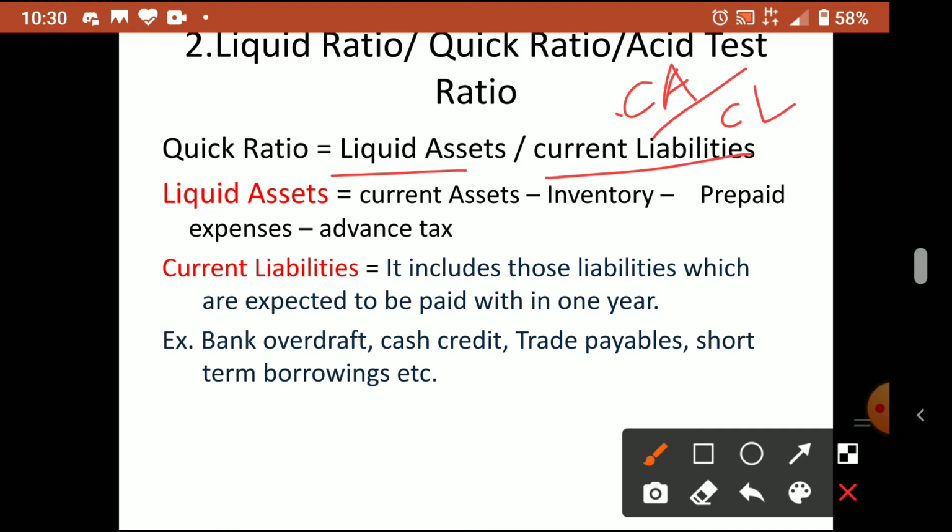So here for quick ratio or liquid ratio, you have to put liquid assets. Liquid assets are those assets which are very near to cash. Current assets are those assets which can be converted into cash within 1 year.